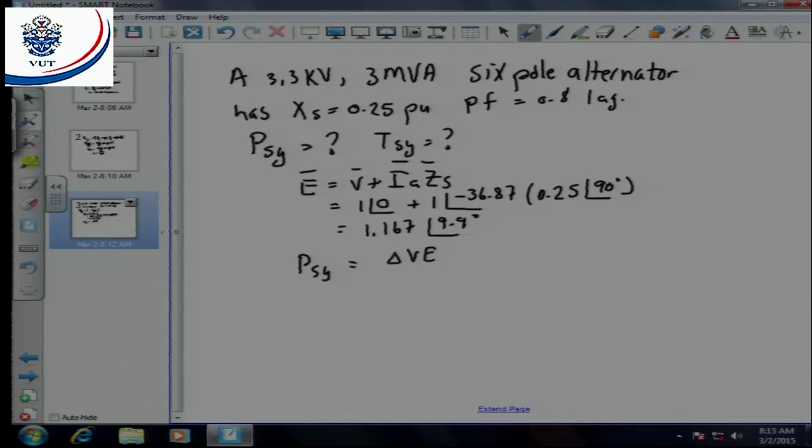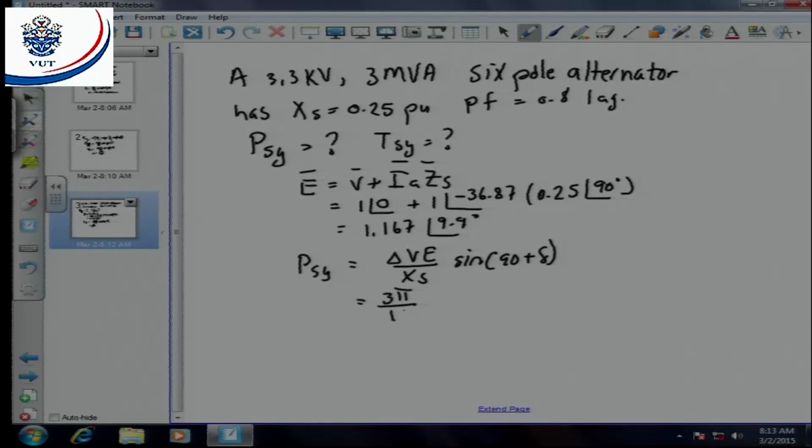The synchronizing torque will be the synchronizing power divided by omega, which is 0,241 divided by 2 pi and 16,667, which gives us 0,0023 per unit.